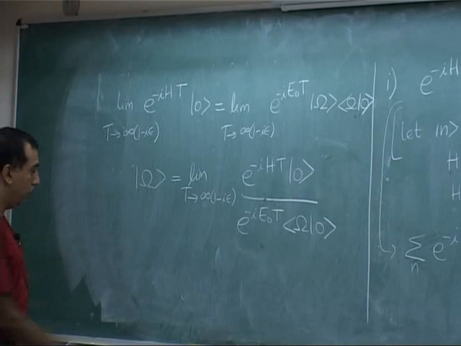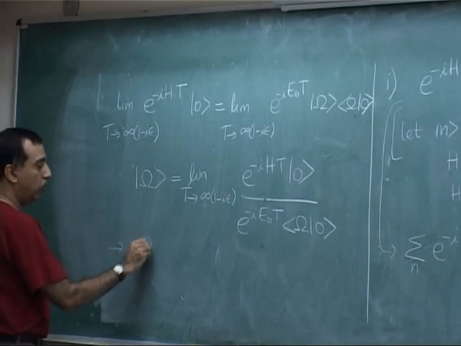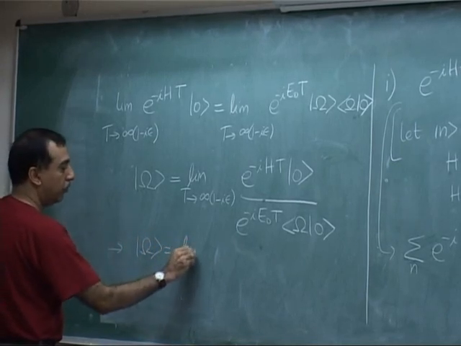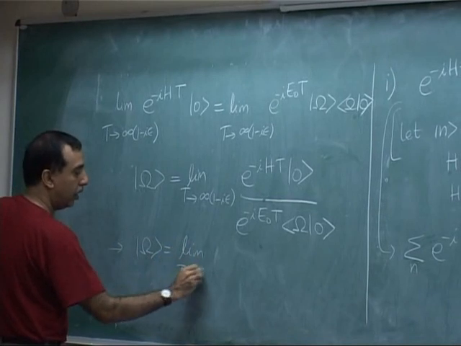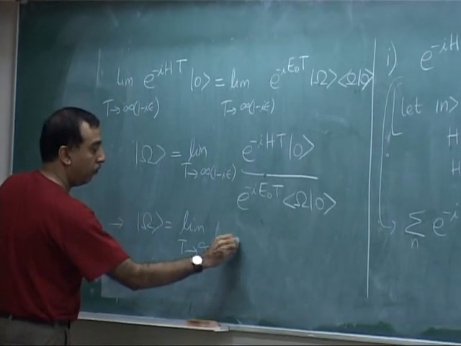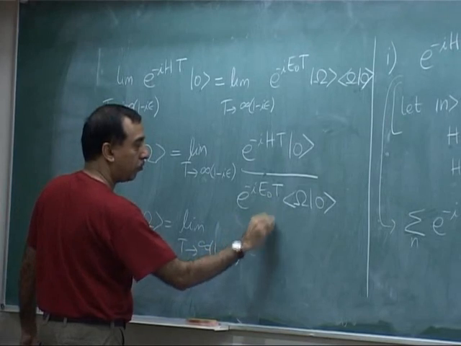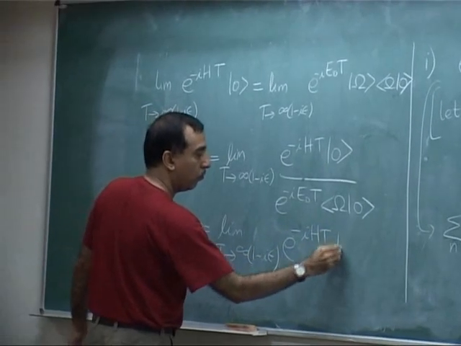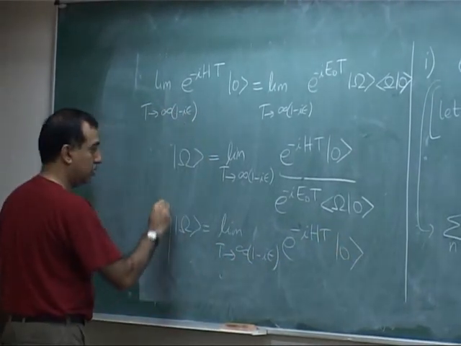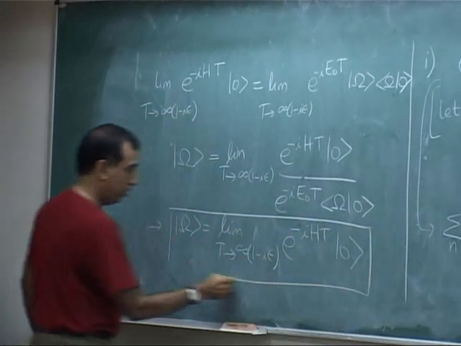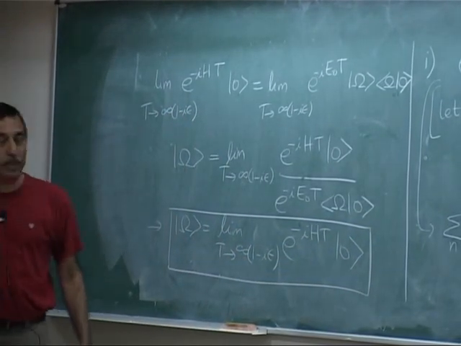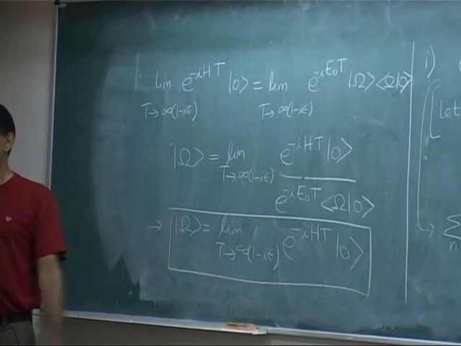So from this I am going to now write, which will surely make many people unhappy, that omega is in fact this, which is a very simple statement, and is the statement I made in words now.